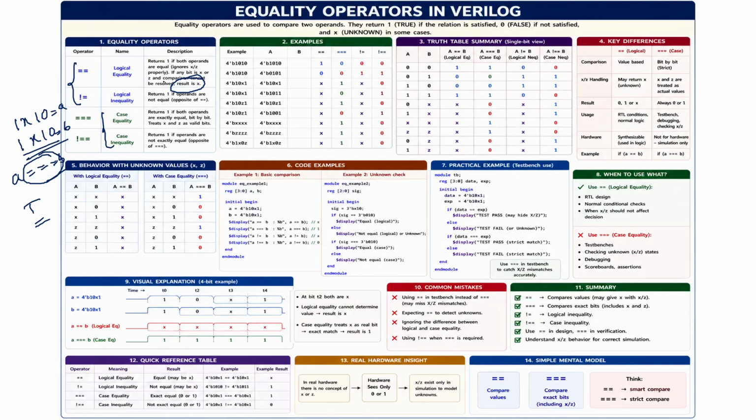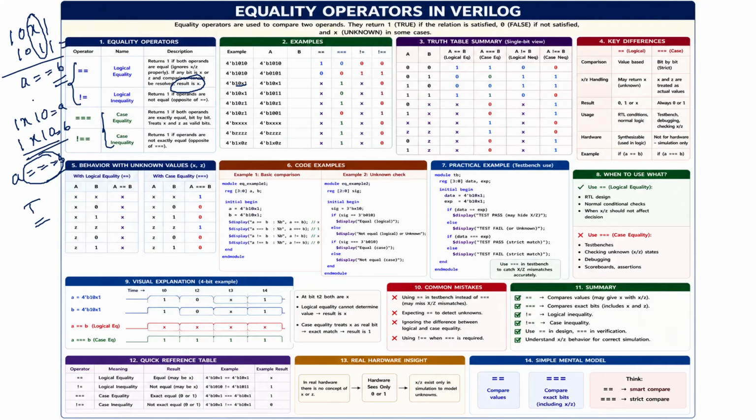If you are giving any unknown value, like 1 0 x 1 is my input a value, and then b is 1 0 1 1. Here one unknown value is there. Then I am doing the logical equality a equal to b.